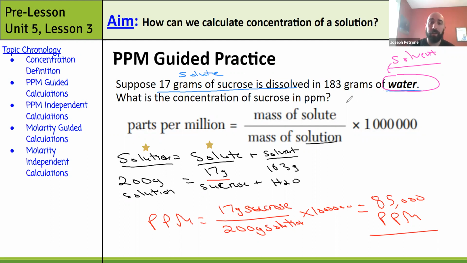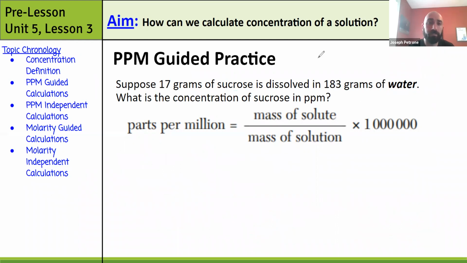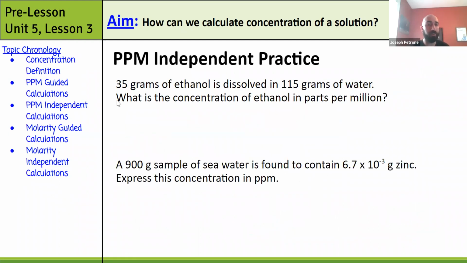Okay. So there's some independent practice that's going to follow here. So we'll work through these two on your own, and then I'll go over the answers as well. Like I said, here are the two independent practice problems, so take a few minutes and do this on your own. Okay, so let's go through how we do these two questions here.